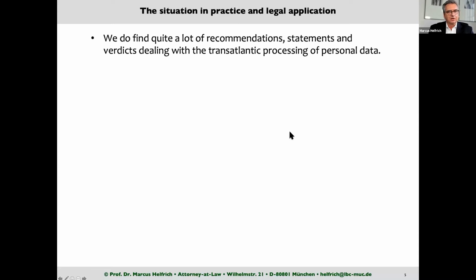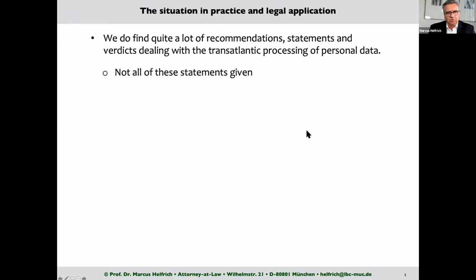First of all, we find quite an enormous number of recommendations, statements, and verdicts dealing with the question whether or not it might be legally possible to transfer data to the US or other third countries.